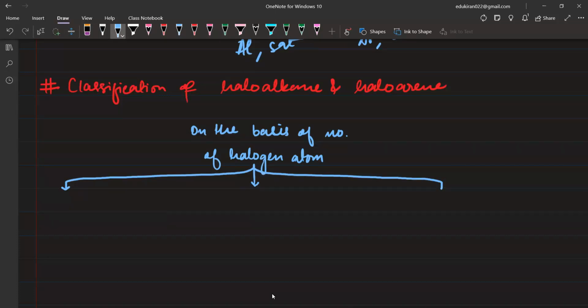So mainly इनको 3 different categories में classify किया जाता है. When you have one halogen atom, when you have two halogen atoms, and when you have three halogen atoms.